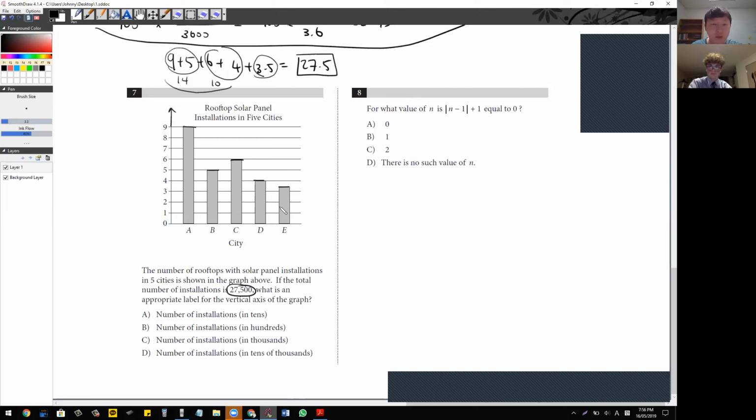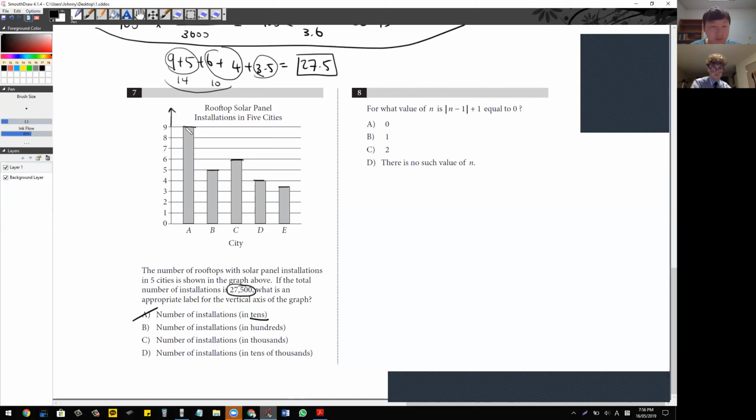But should this 9 here represent 9,000 or 90,000 or 900 or what? I don't think it's going to be tens, right? No. That means this will be 90, 50, 60, but that's not going to be 27,500. So what's the answer? Hundreds.